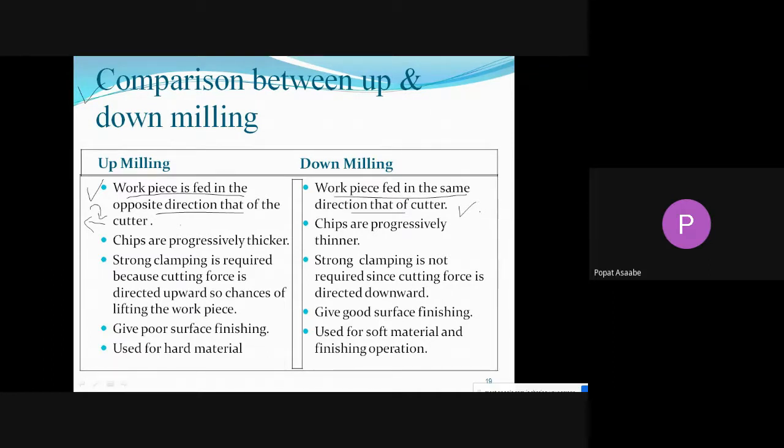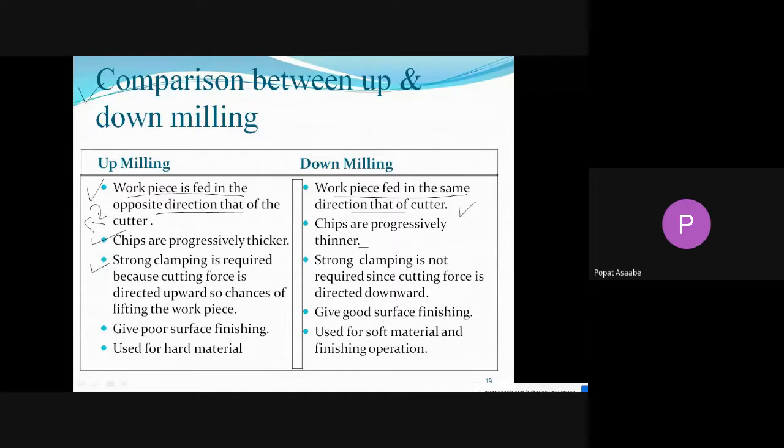Here in up milling, the chips are progressively thicker, meaning initially they are small and at the end they become thicker. But in down milling, the chips are progressively thinner.